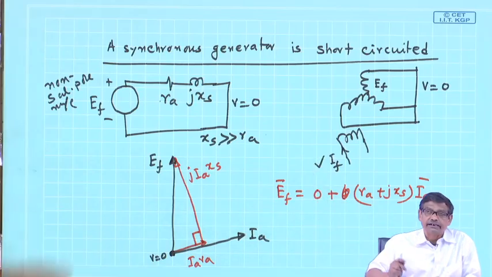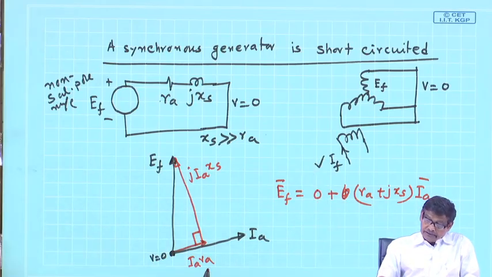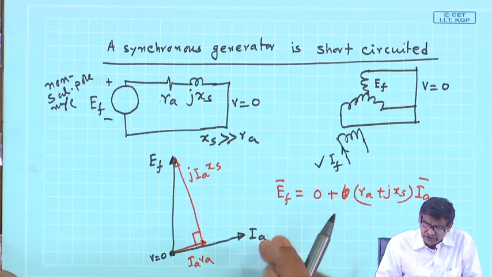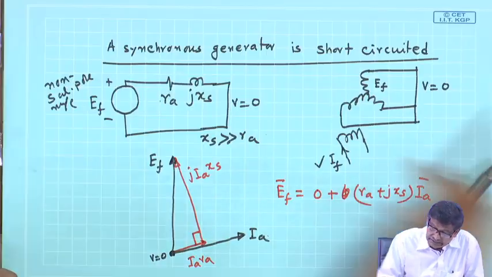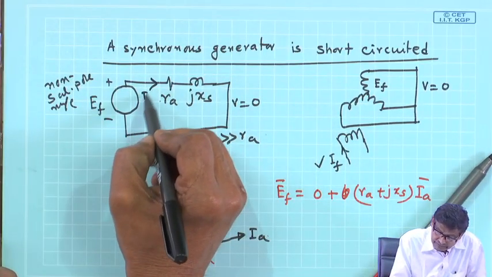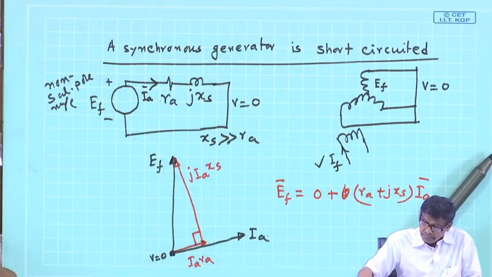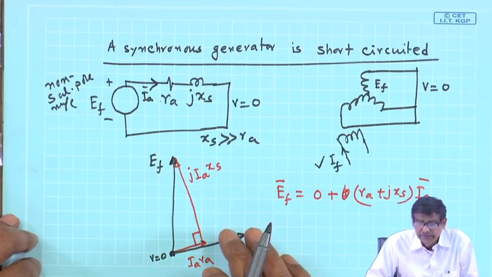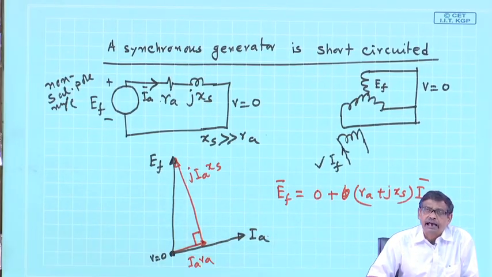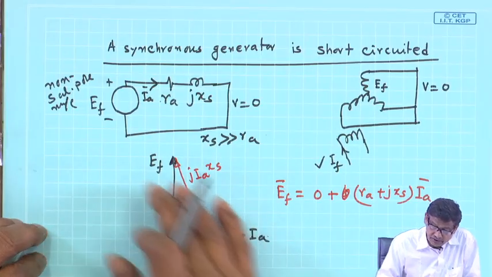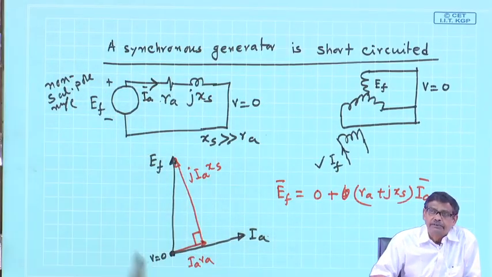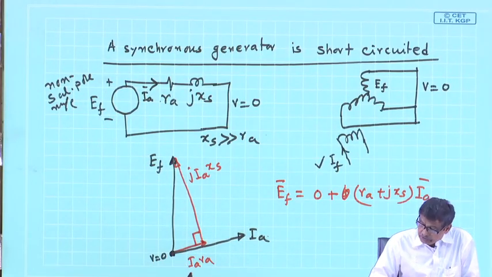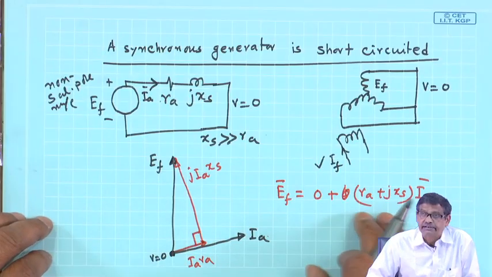This will be the phasor diagram, and this current is called the short circuit current, and this is the direction of the current. Understood? Therefore, you see, by doing short circuit test and open circuit test on a non-salient pole synchronous machine, you will be able to determine the value of ZS.